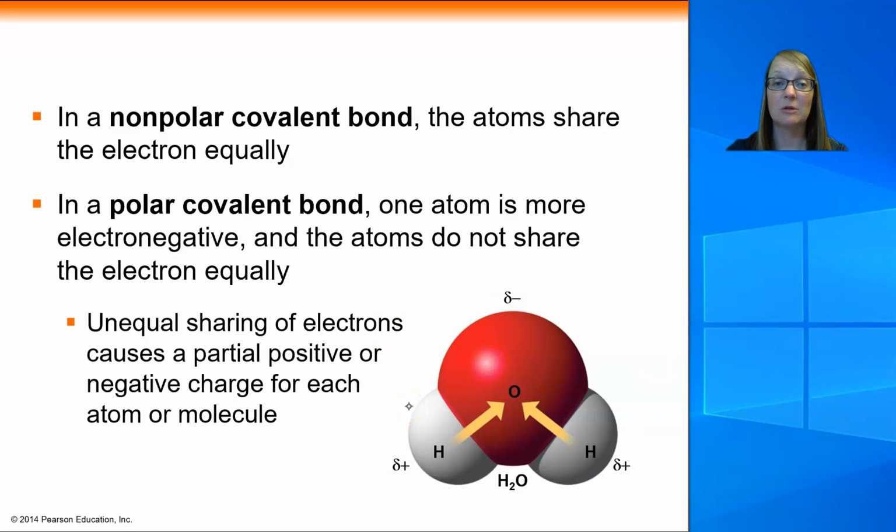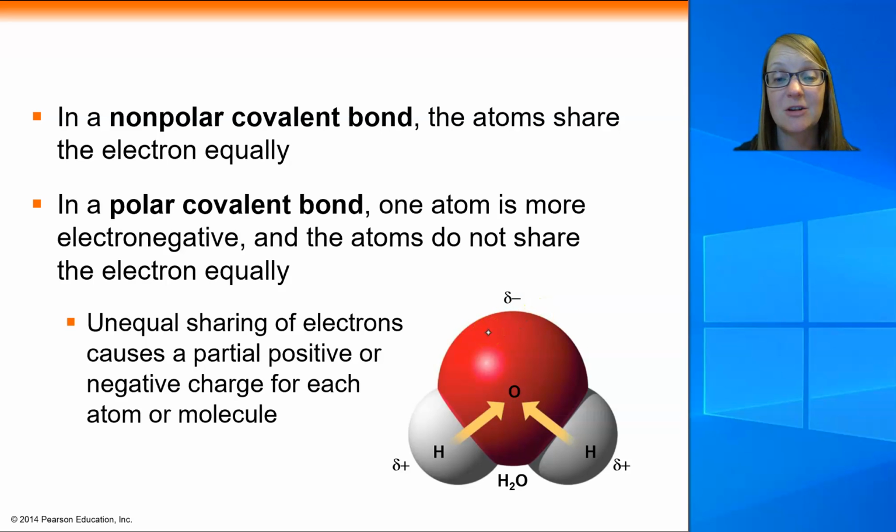And when you have these polar covalent bonds, what can happen is you can have the creation of what is called a polar molecule. So the oxygen, being very electronegative, hoards electrons towards itself and develops a partial negative charge. The symbol, lowercase delta, and the negative sign indicates a partial negative charge.